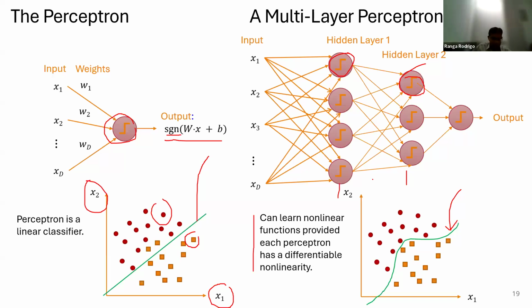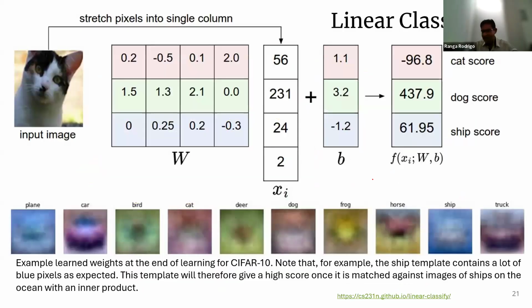Hopefully we'll be able to learn these things in this class, and this is the start of these neural network things. So when we look at a linear classifier with a very basic simple example, this is from this very famous tutorial by Stanford people. Any questions up to now?